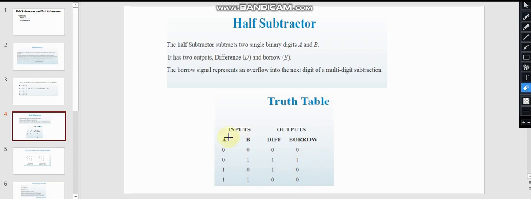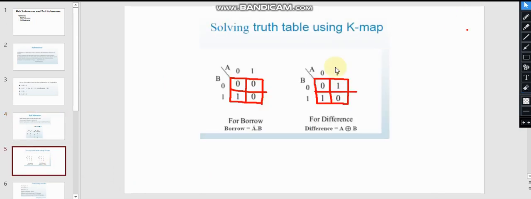So we will implement this truth table, and after implementing this truth table, we will get some digital circuit. Now solving the truth table in the Kmap.